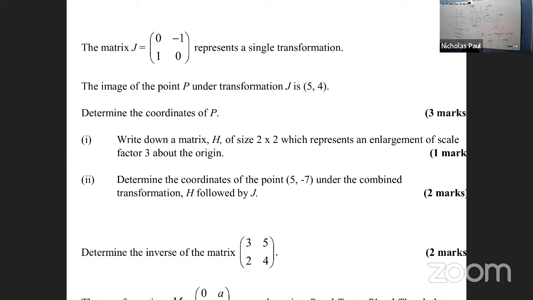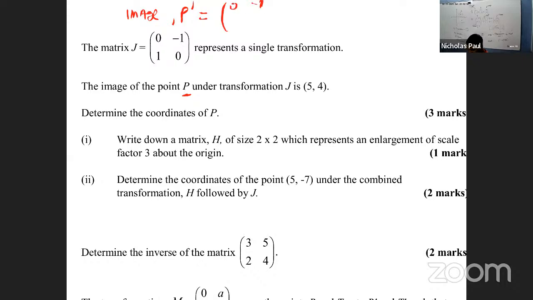All right, so let's see if we get it. Right, so how do we get an image? I'll call the image P prime, because P is the point and prime means image.